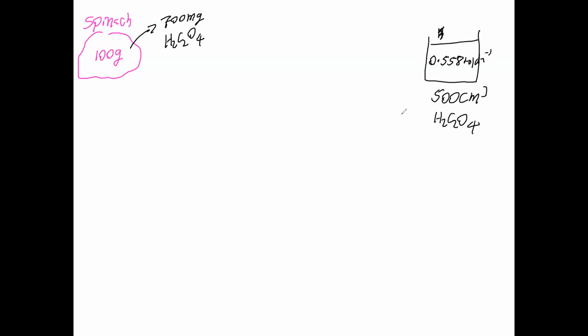H2C2O4. Okay. Now when you have the concentration and volume, we'll do it step by step. First step, I'm going to find the number of moles of H2C2O4, oxalic acid.